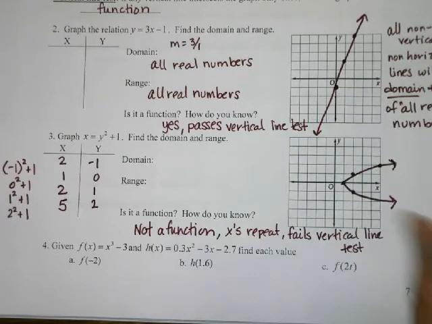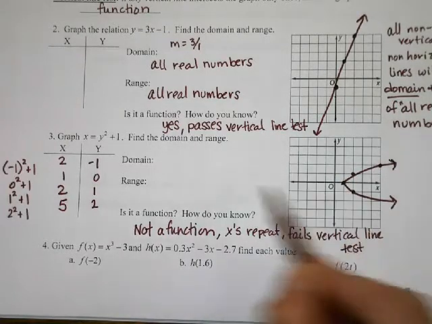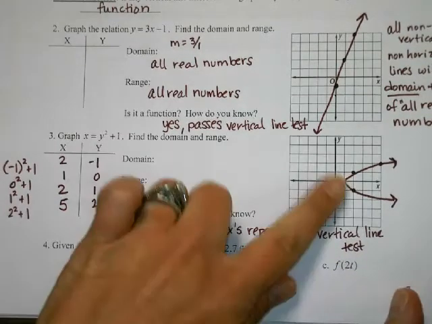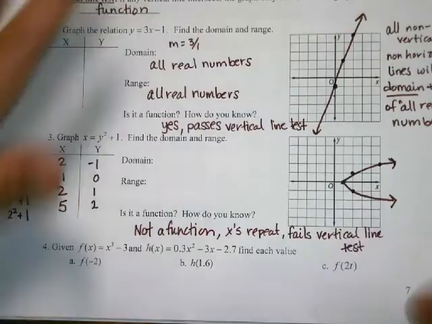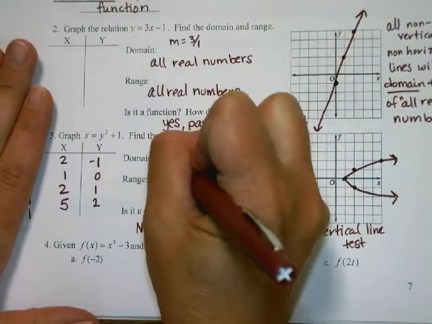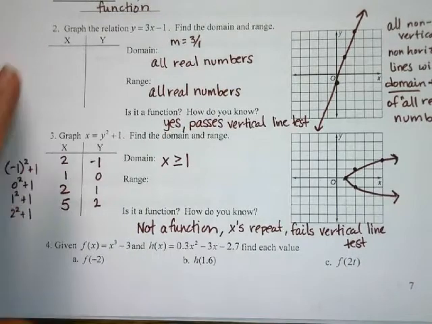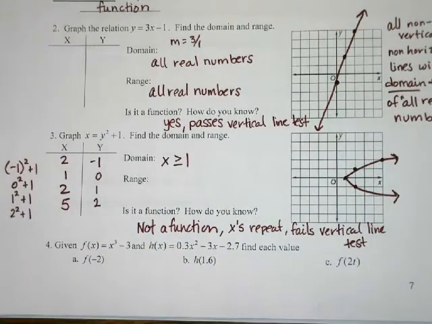Where does my graph actually start? At 1, right? And it touches 1. So if I'm looking left to right, it starts at 1 with the x values and it gets bigger. So x is greater than or equal to 1.